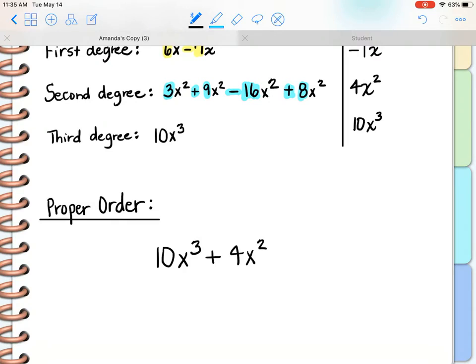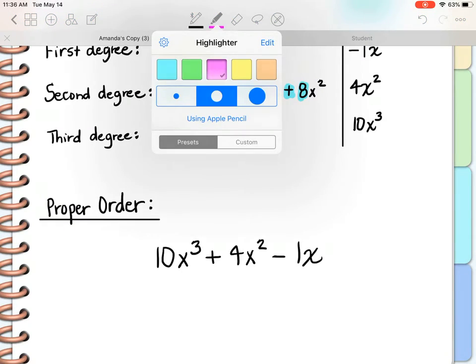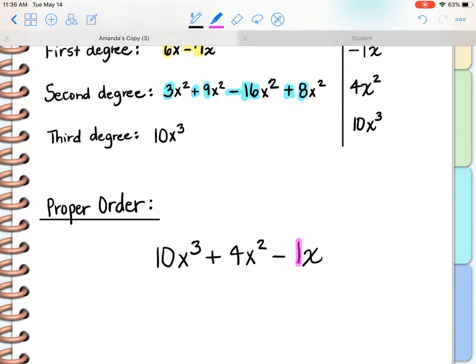And a minus 1x. So there's the proper order. And then there's one more thing that they will have you do on the test. You see that 1 doesn't need to be there. If it's just a 1, they'll leave it off. So your final answer will be 10x to the third plus 4x to the second minus x.